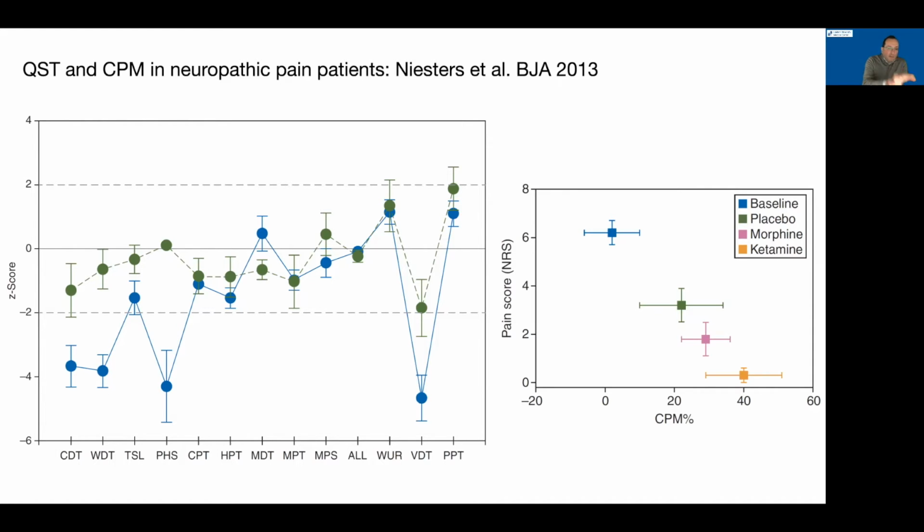So we have defined the population on the left, and we see what the effect is of treatment, and especially on pain score and CPM. So the patients with the greatest increase of their CPM also had the greatest pain relief. Very interesting application of the QST.